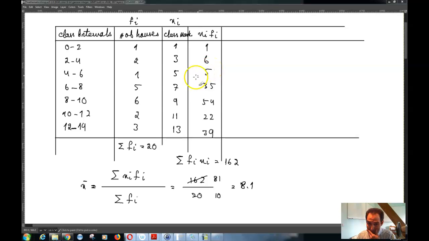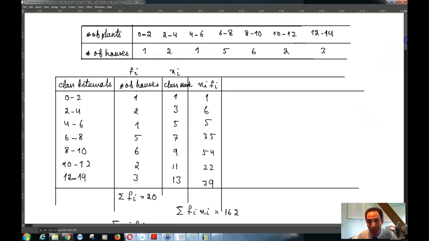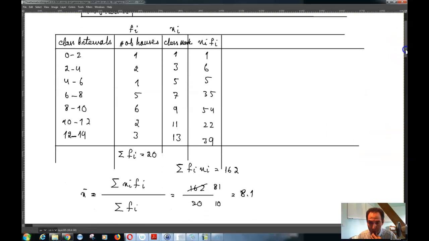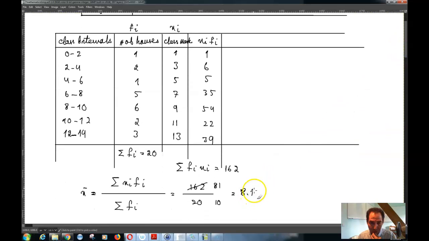What the answer means is that these were the number of plants in 20 houses, and so on average we have about 8.1.